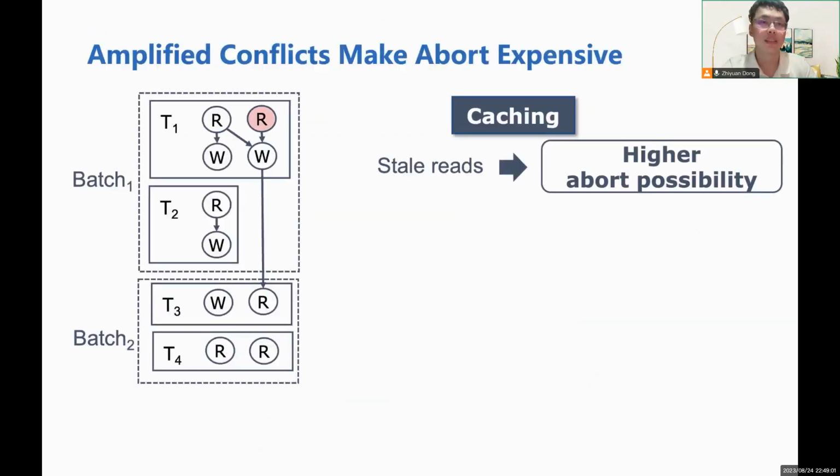When database nodes access common tuples, their caches are more likely to be stale and increase the abort possibility. On the left is an example transaction execution in the form of a dependency graph. In the example, T1's read accesses a stale cache, and thus T1 is aborted.